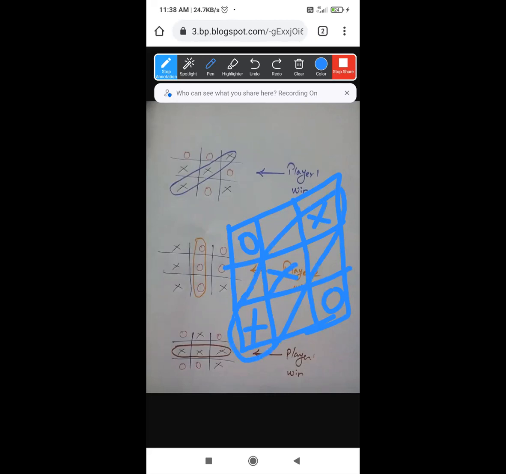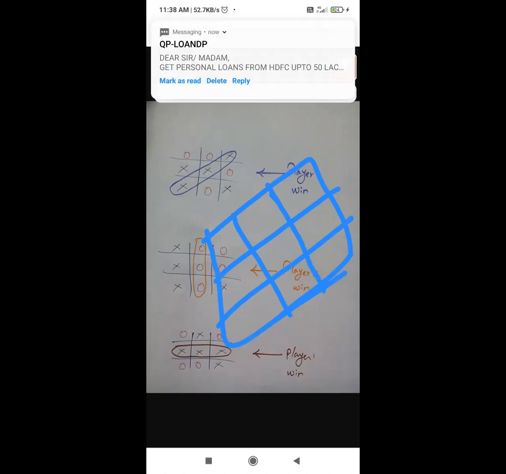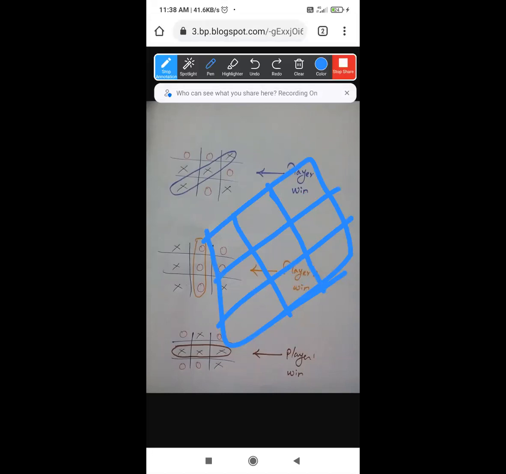Either horizontally, vertically, or diagonally, there should be X's or else there should be O's. Then that particular person is going to win.